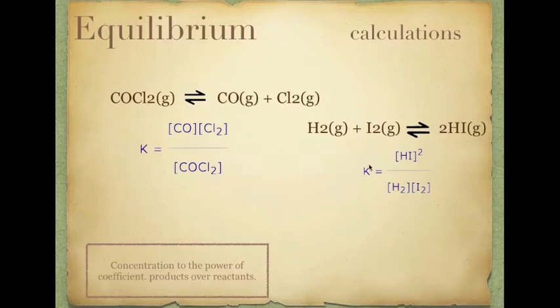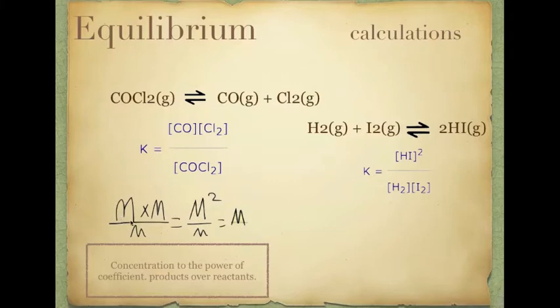We get K. An interesting fact about these two: even though we're working out the equilibrium constant for both reactions, they have different units. The units of K will change depending on your ratios. To work them out, we simply work out algebraically what the units will be. Concentration has the units of molar.